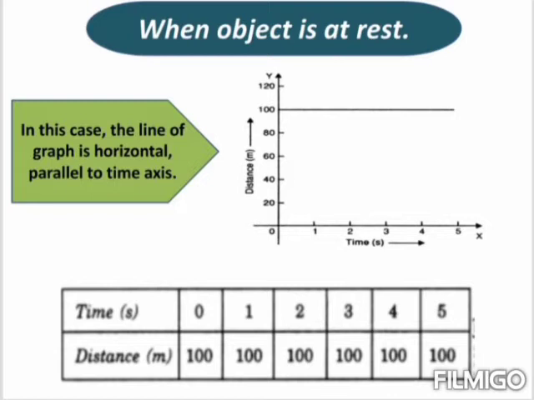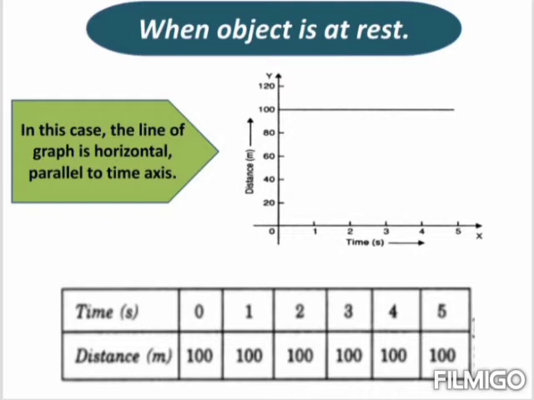But you can see in the table, at 0 seconds the distance of the object is 100 meters. How can you say that it is 100 meters? It means that the object has already covered the distance from 0 to 100, and you observe the object at 100 meters.